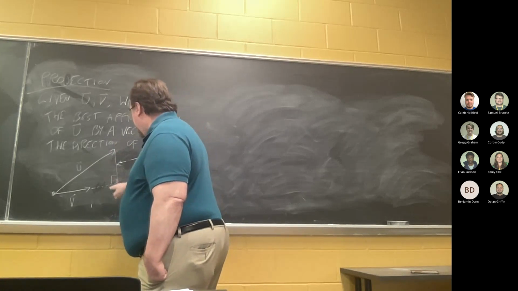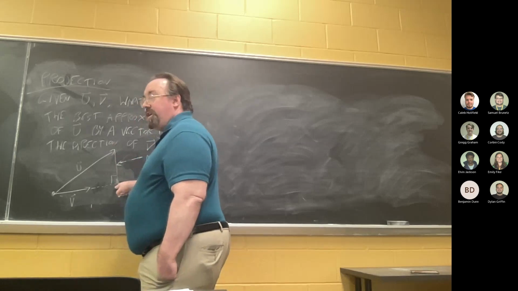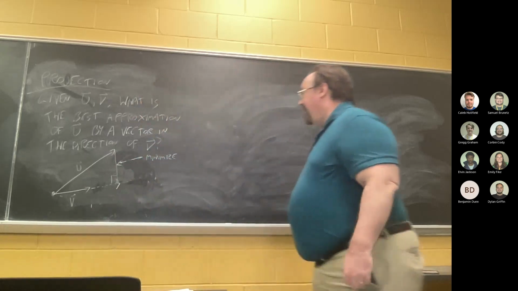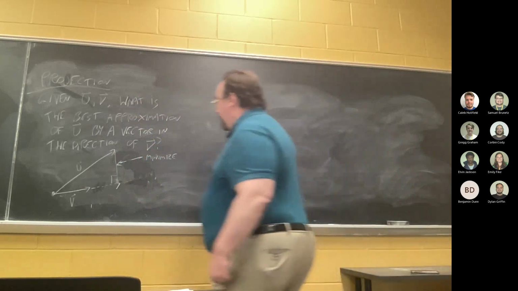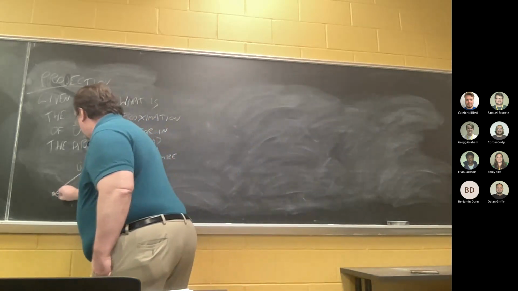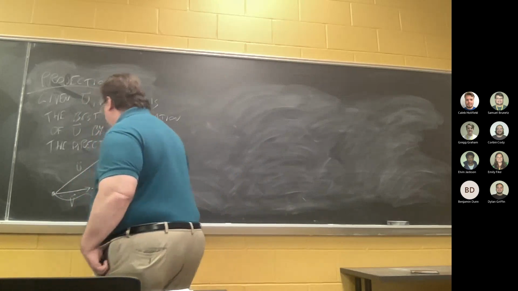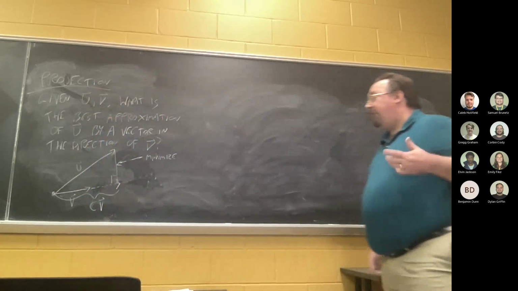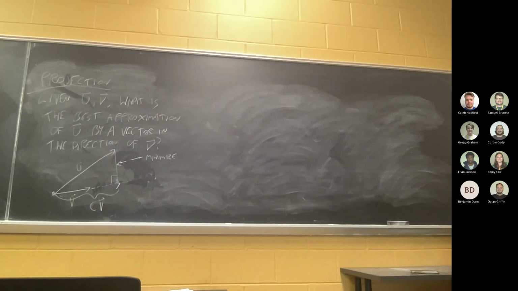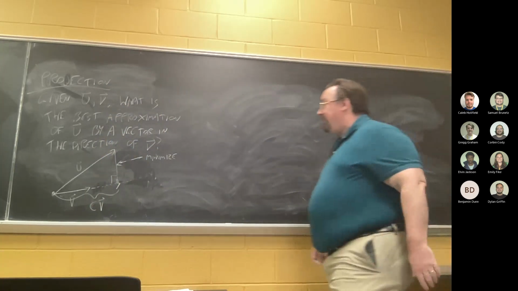So choosing, basically dropping a perpendicular from here to here, accomplishes that. So I'm going to call this vector c times v, because c is an unknown constant. It's a multiple of v because it has the same direction as v.